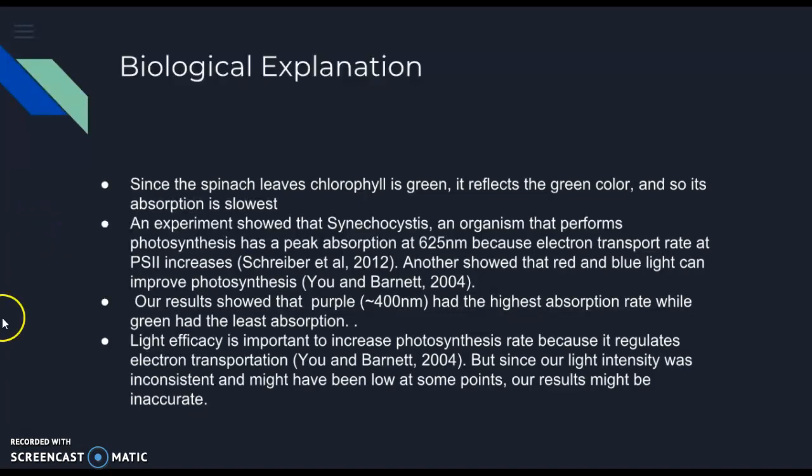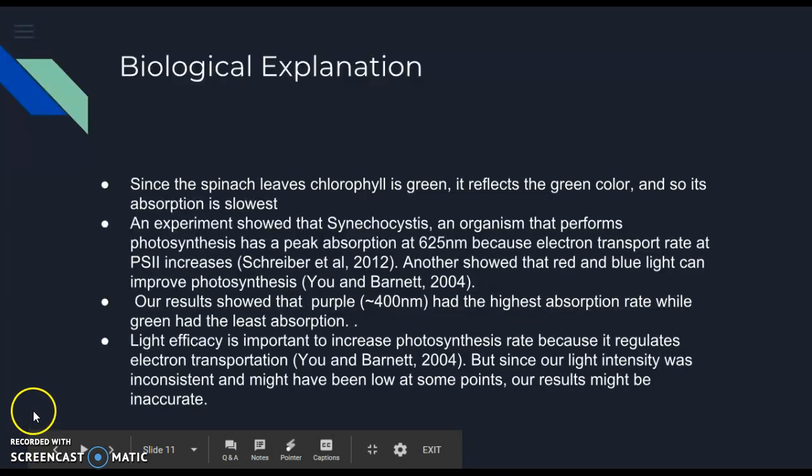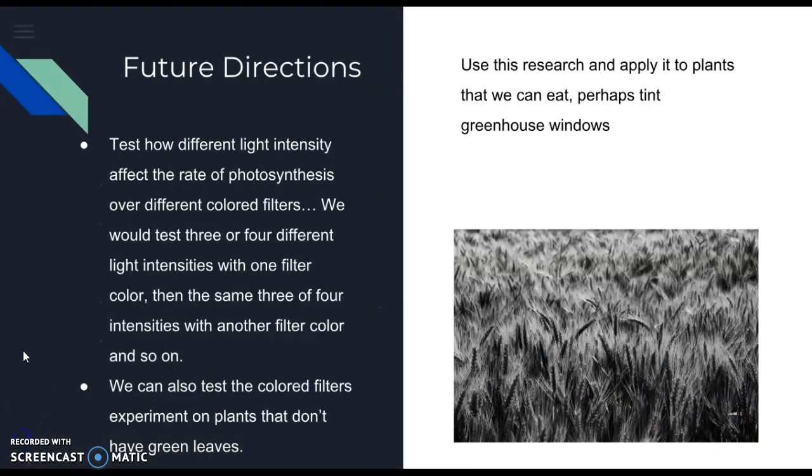Also, light efficacy is important to increase photosynthesis rate because it regulates electron transportation. But since our light intensity was very inconsistent, it might have been low at some points or high, our results might be inaccurate.